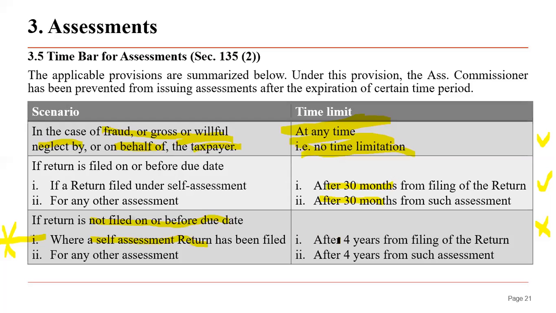From the amendment perspective, if you amend the return, it should be 4 years. The time bar starts from the 4 years. Because of that, it is better not to amend the return once you submit, right? Not to amend the return. Here it should be changed as amendment.